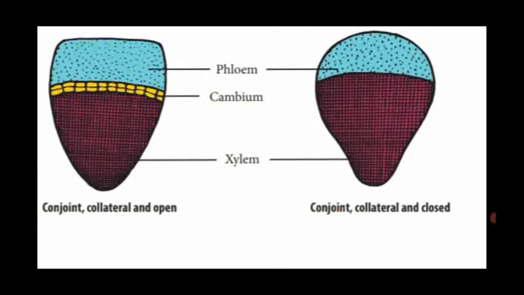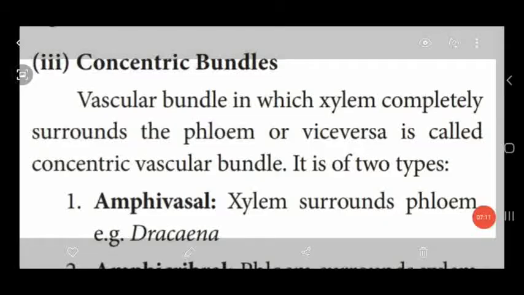Now we are going to see the next type of vascular bundle. Dear students, next vascular bundle is concentric vascular bundle. Concentric, that means they are arranged in the form of circle nature. That is said to be concentric vascular bundle.